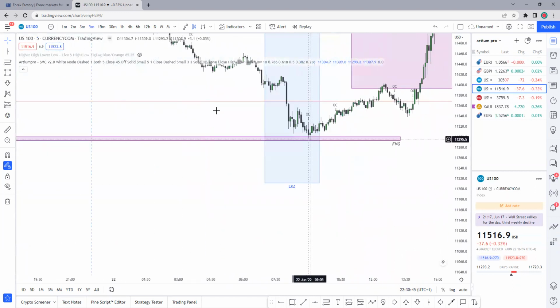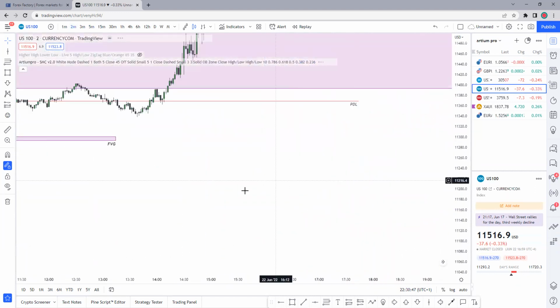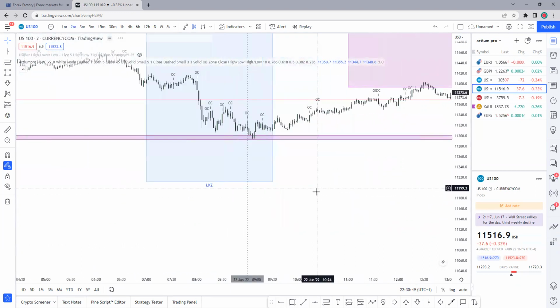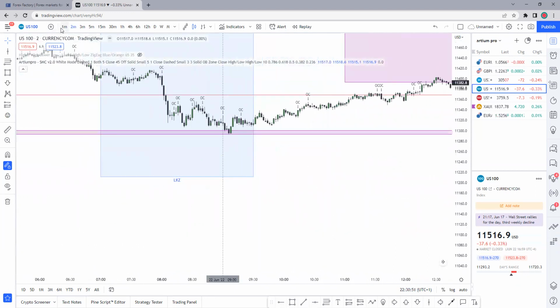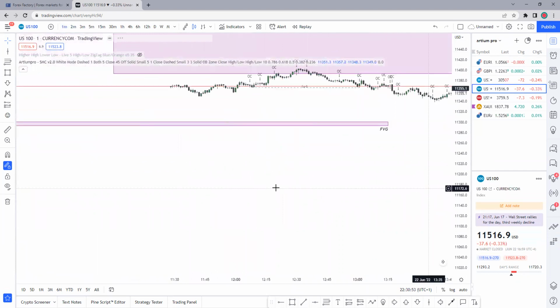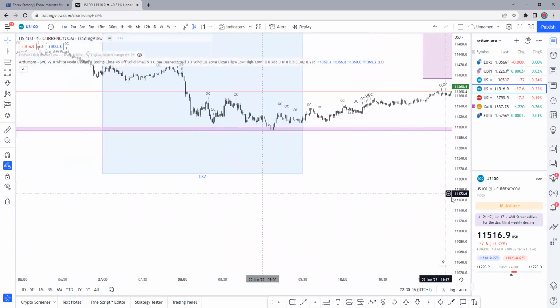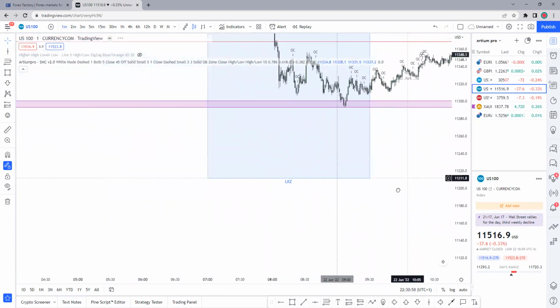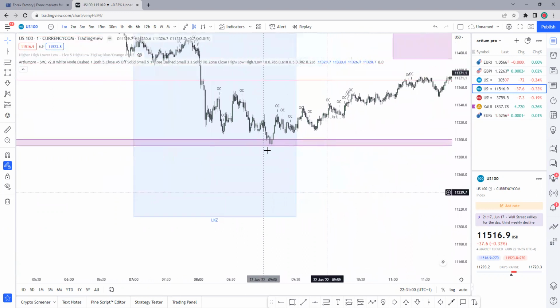We've hit the fair value gap. Let's go down to 2 minutes. You can see that clearer there. This area here. Just this area here. It's actually left equal highs on the 1 minute.